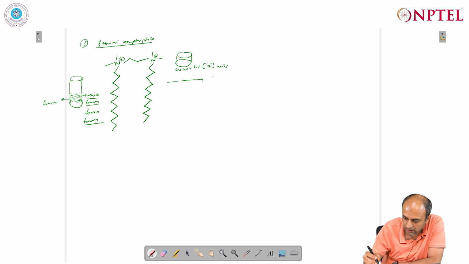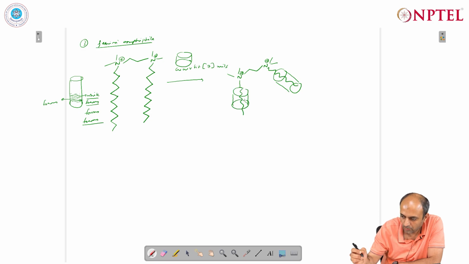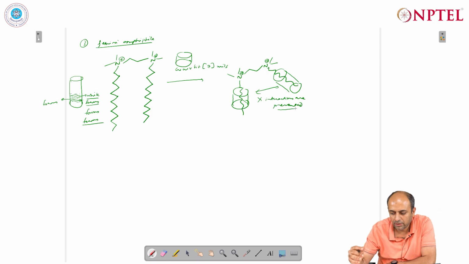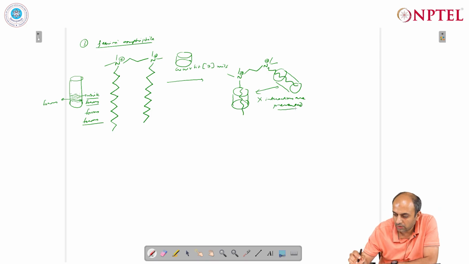What these cucurbiturils do is they separate the hydrophobic chains from each other to form these kind of entities. So, the interactions are prevented. So, this particular aggregation between the side chains, which was giving it the desired stacking property, is now prevented.